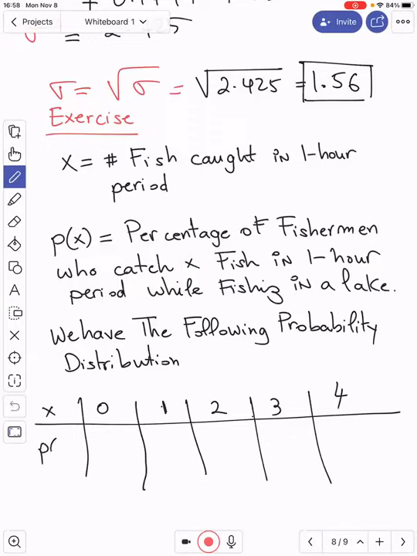Now p of x is the percentage of fishermen who catch, for example, when x is 0, the percentage of fishermen who catch 0 fish in a 1 hour period, right? So for 0, we have 0.44. For 1, we have 0.36. 2, that's 0.15. 3, that's 0.04. And 4, that's 0.01. So here, guys, the probability distribution is given, right?